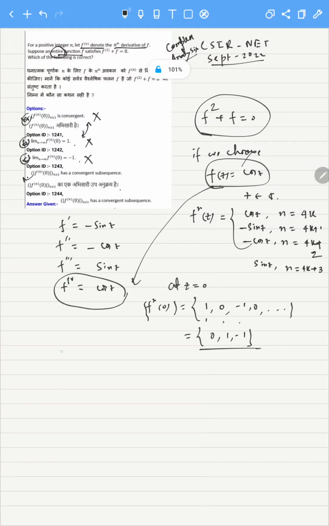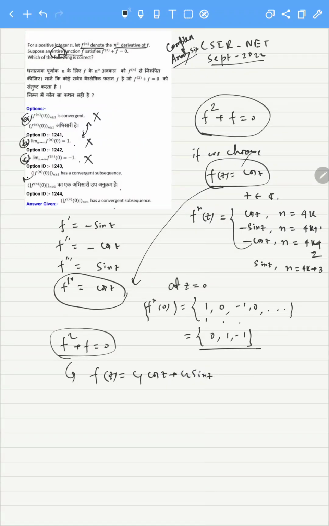Now f'' plus f equal to 0. Once we consider this as a second order homogeneous linear differential equation, what will be the solution for this equation? f(z) equal to c1 cos z plus c2 sin z.